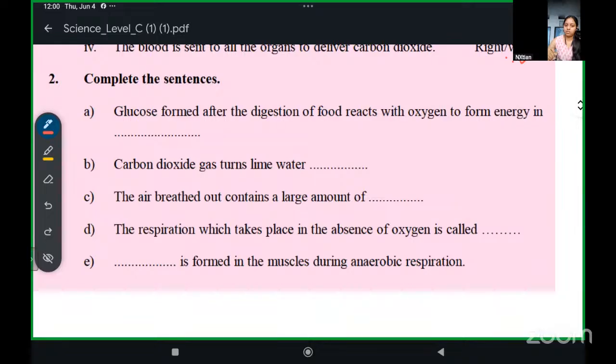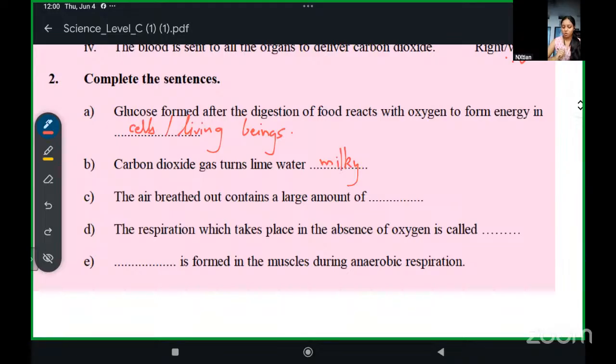It can be either cells or living beings. Living beings. Okay. Carbon dioxide gas turns lime water milky.